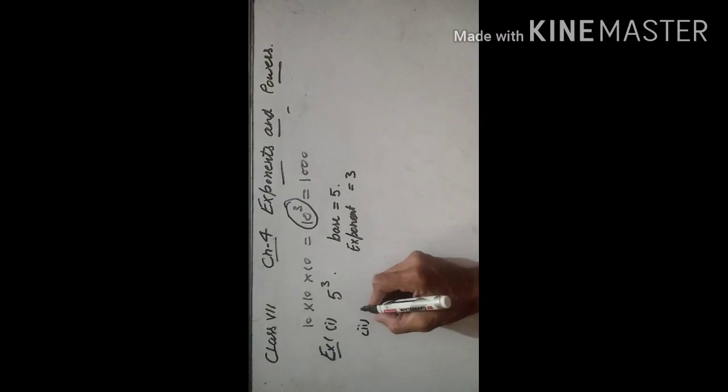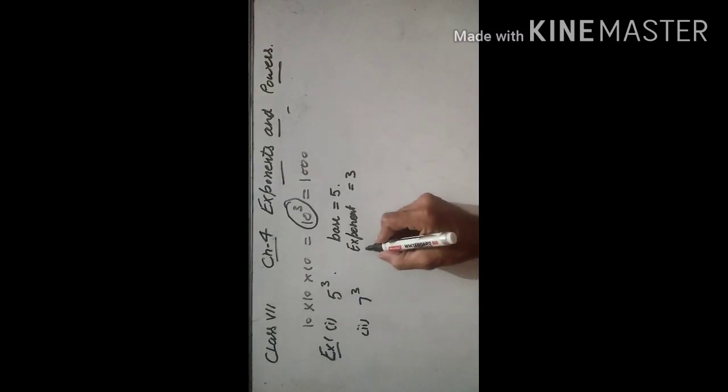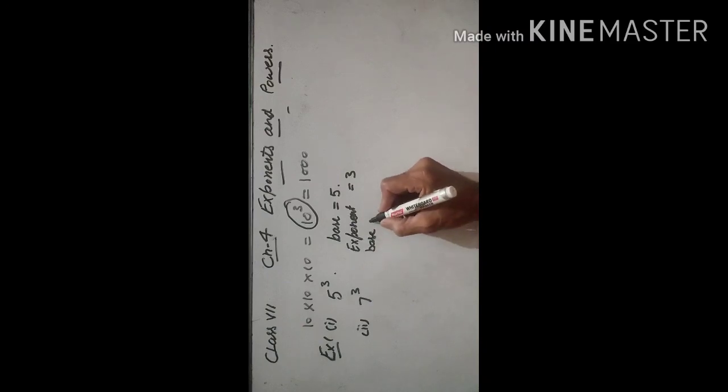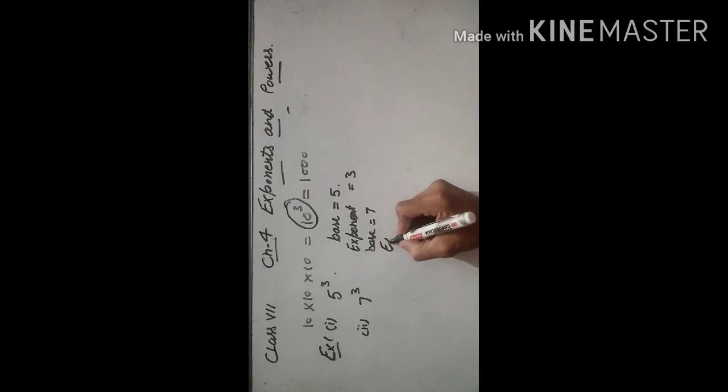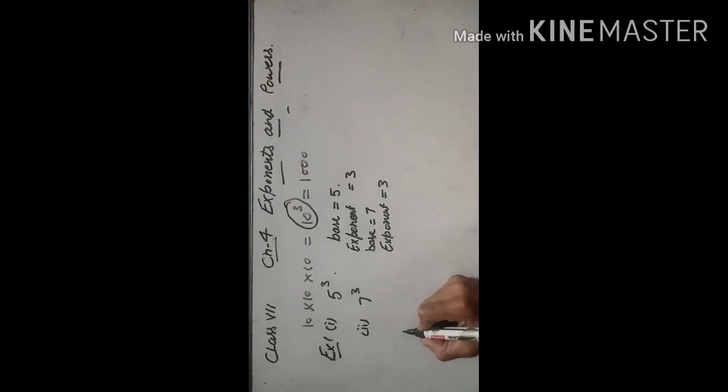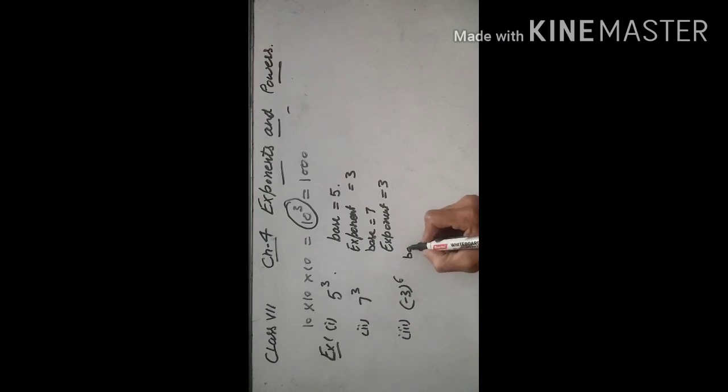Second part, 7 to the power 3. Base is 7, exponent is 3. Now part 3, minus 3 to the power 6. Here the base is minus 3 and the exponent is 6.